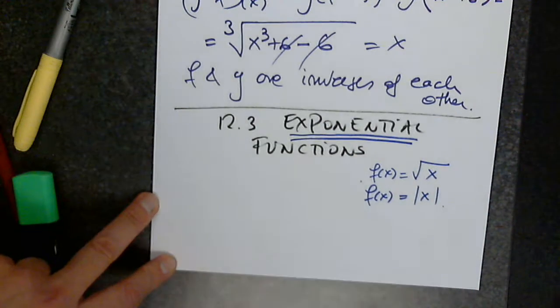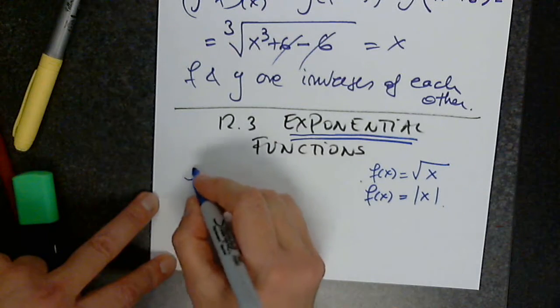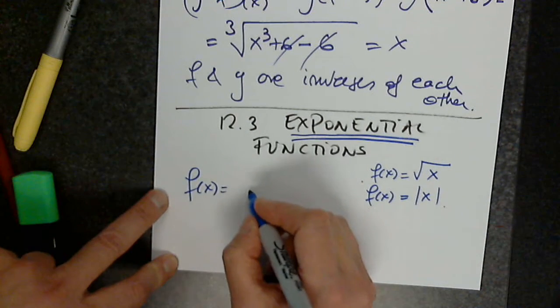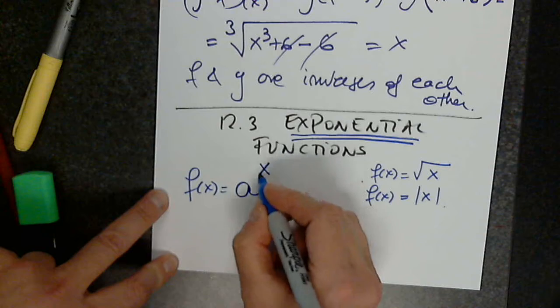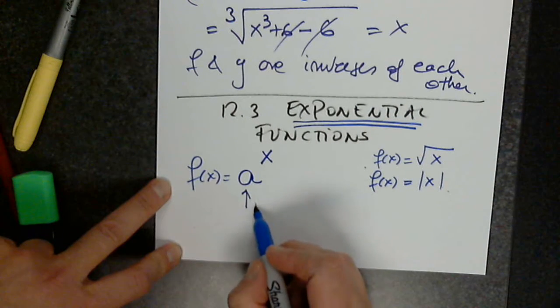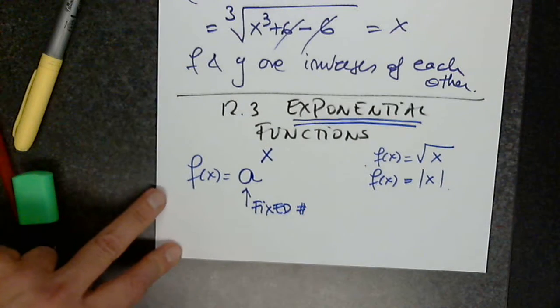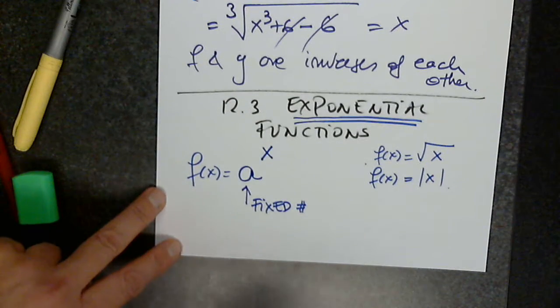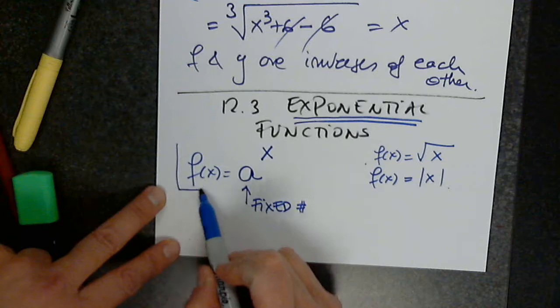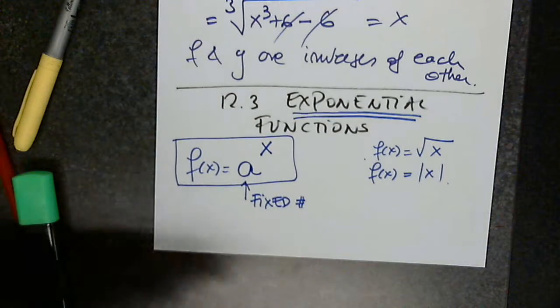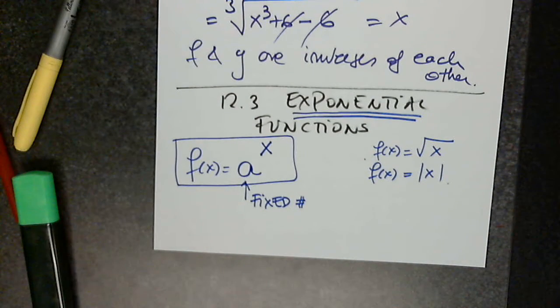The variable is the exponent. So f of x equals the base to an exponent. This is a fixed number. That's not a variable. It's a number raised to x. That's why this is called the exponential function, because the exponent is the variable.